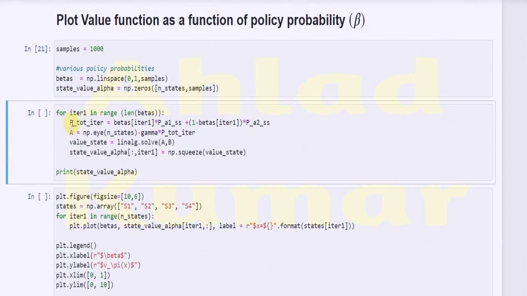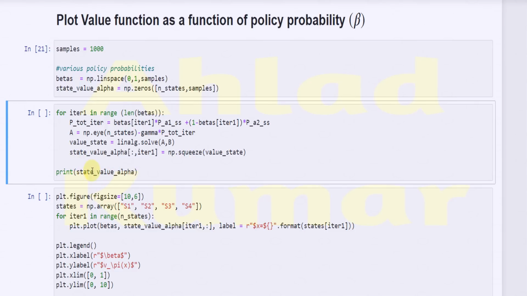For each iteration you are calculating the total probability, and then we are calculating all these expressions which we have already done for evaluating the value of these states, and then we are storing the final outcomes into state underscore value underscore alpha.